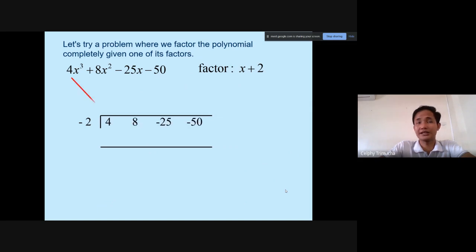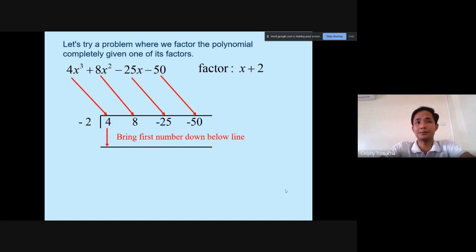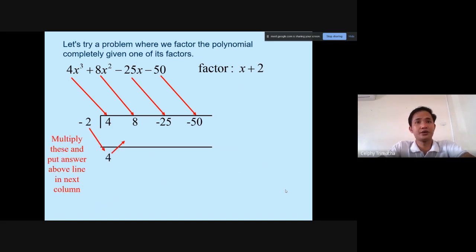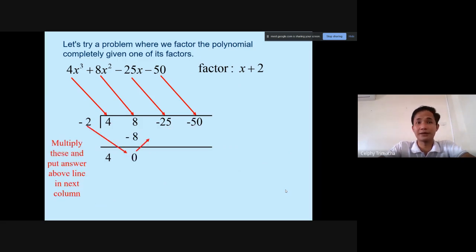So list all the coefficients. Since it's complete, if there is none, then equate it to 0. So we have 4, we have 8, we have negative 25, and we have negative 50, and perform the synthetic division. So we have negative 8; if we add 8 plus negative 8 it will be 0.